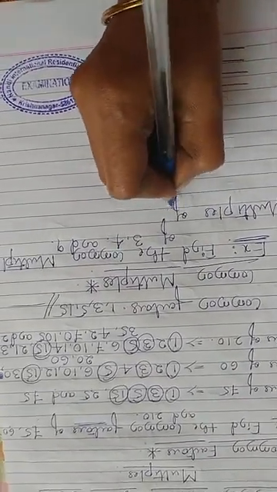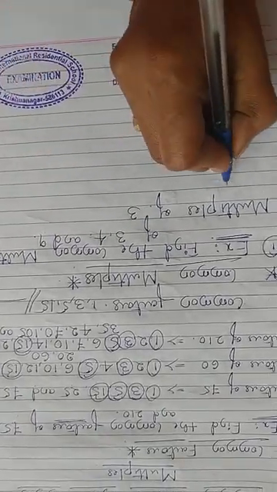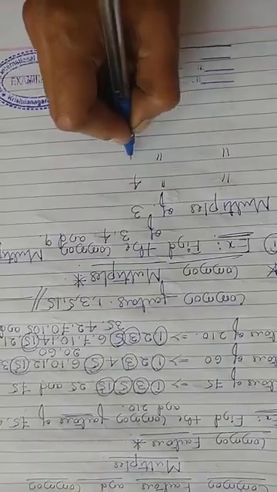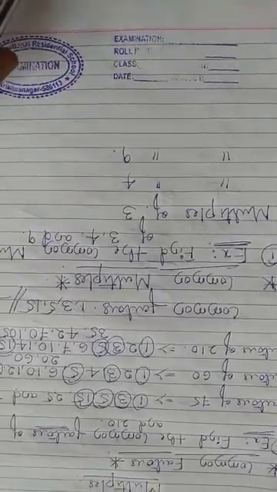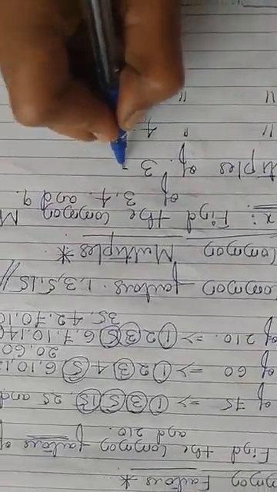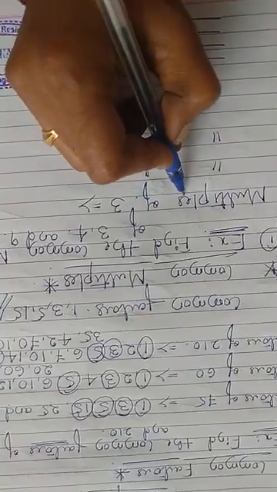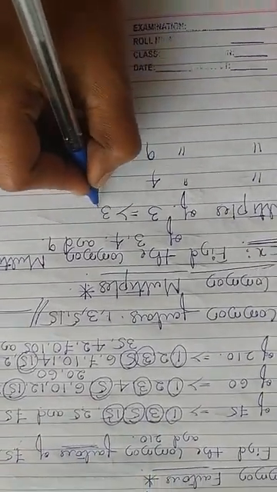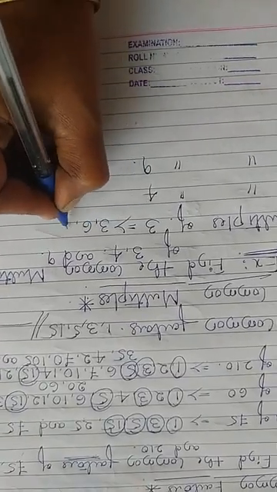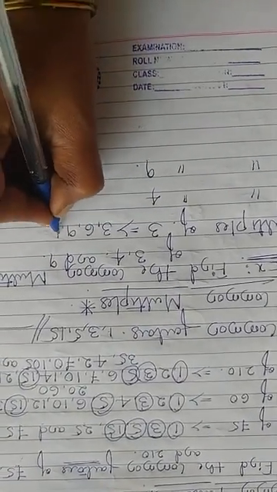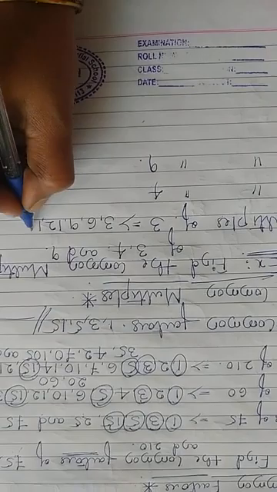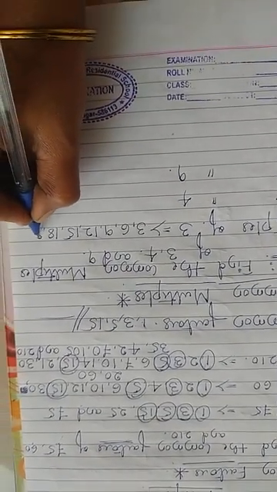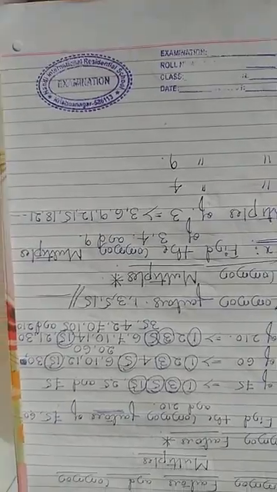Multiples of 3, 4 and 9. See here, multiples are like tables. 3 1s are 3, 3 2s are 6, 3 3s are 9, 3 4s are 12, 3 5s are 15, 3 6s are 18, 3 7s are 21, and so on.